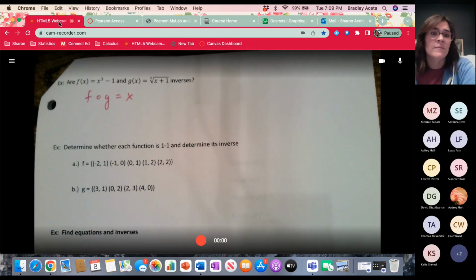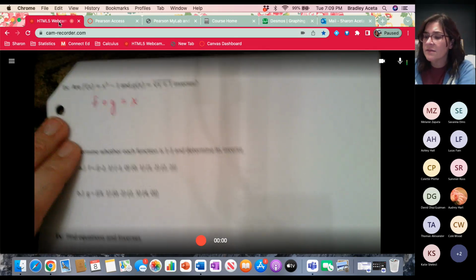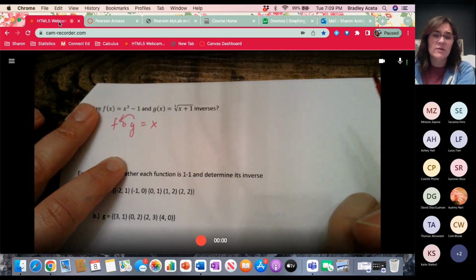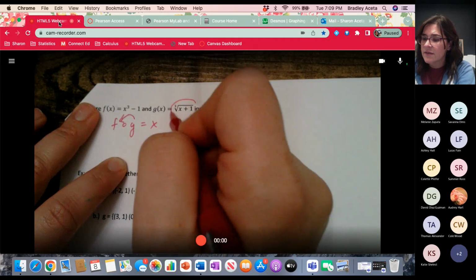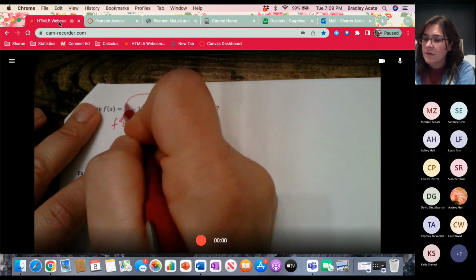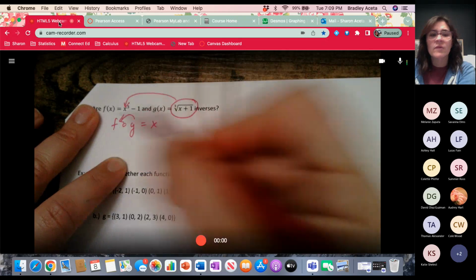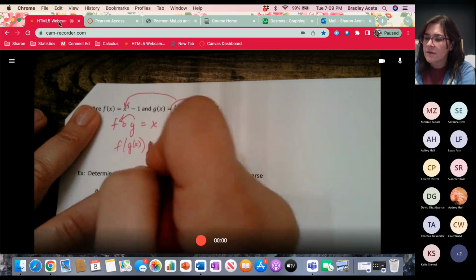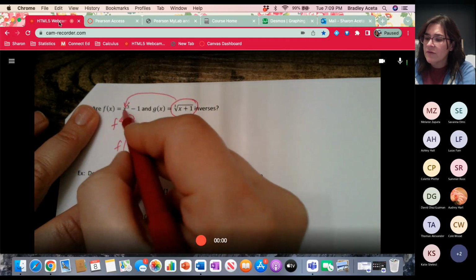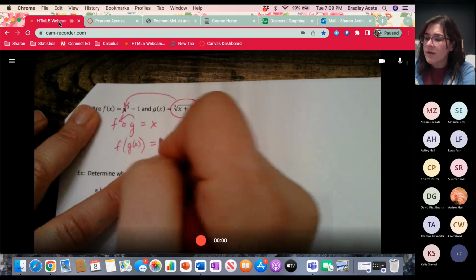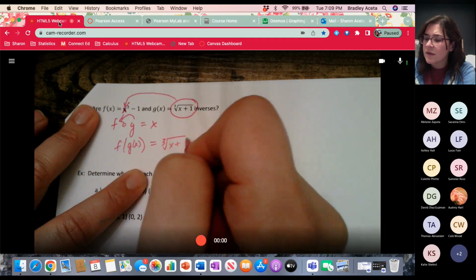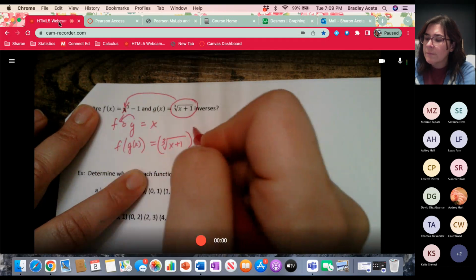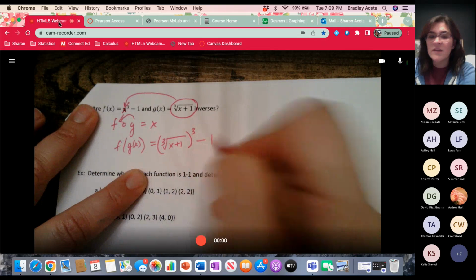Now, if you remember what f of g means, you take the g and you plug it into the f everywhere you see an x. I'm going to plug this function in for x and rewrite that equation. For the f function, for x, I would now write the cube root of x plus 1. That's my x, but now I'm cubing it, and then minus 1.